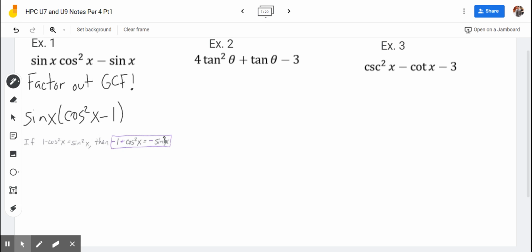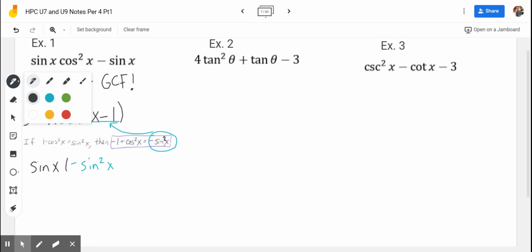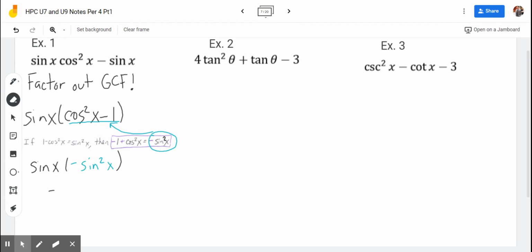So we're going to replace this cos squared x minus 1 with negative sine squared x. So it becomes sine x times negative sine squared x. And we can multiply sine x times negative sine squared to give us negative sine cubed, negative sine of x cubed.